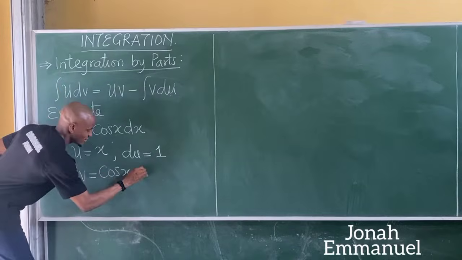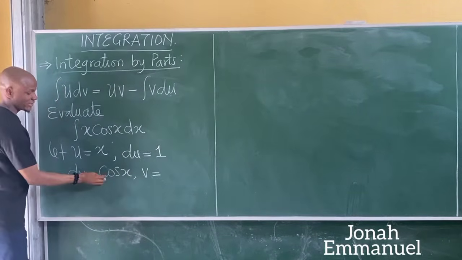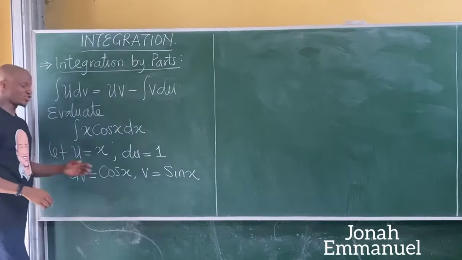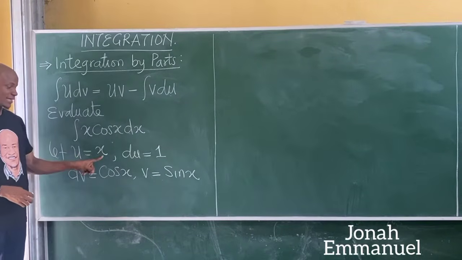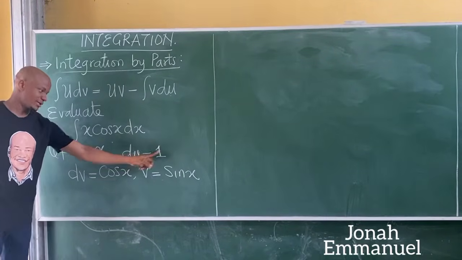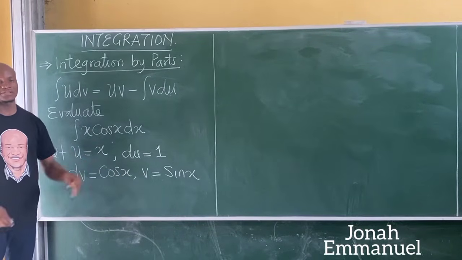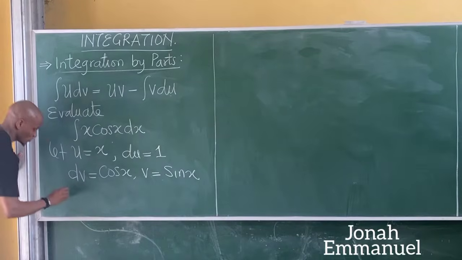Hence, if I integrate dv, I'll get v. If I integrate cos x, I'll get sin x. So I've got my four major parameters. That's u, which is x, du, which is 1, dv, which is cos x, and then v, which is sin x.